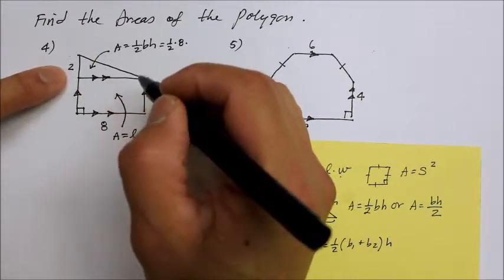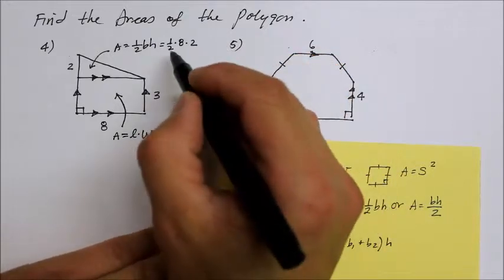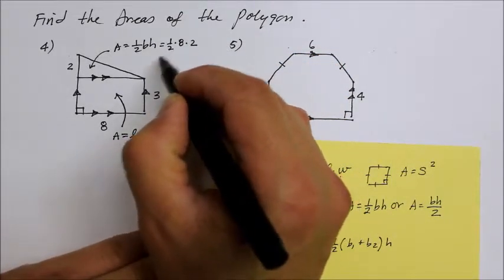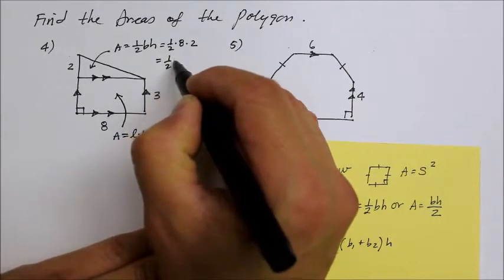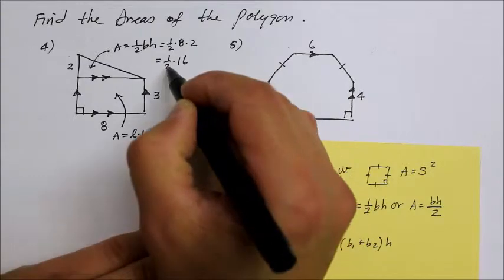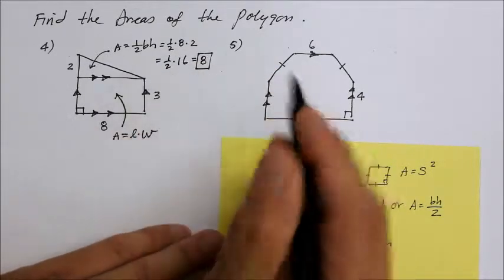So that makes the height 2. So you could just say 2, and that 2 cancels out the 1/2, so we know the answer is 8. Or you could say 1/2 times 8 times 2, which is 16. And what's half of 16? 8. So that's the area of that triangle.